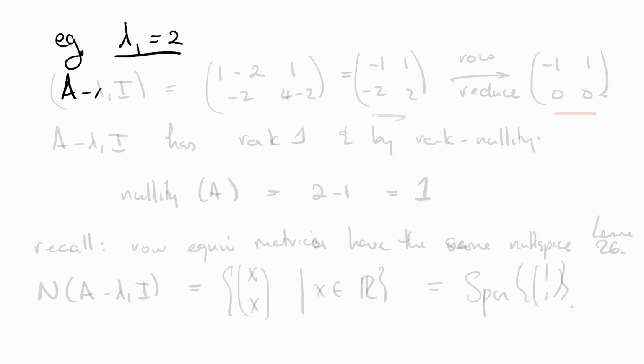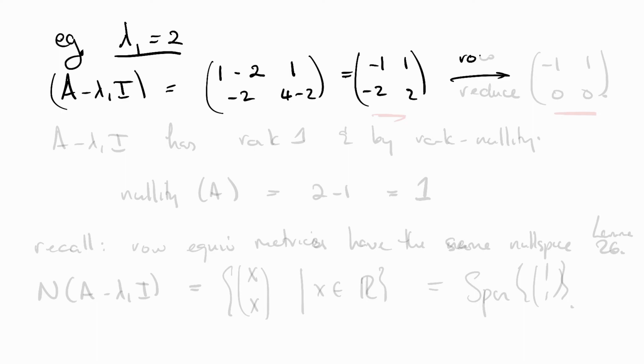So A minus lambda_1 I is 1 minus 2, 1, negative 2, 4 minus 2, which is negative 1, 1, negative 2, 2. We're actually going to row reduce this, and I won't bore you with the details. It says -1, 1, 0, 0.